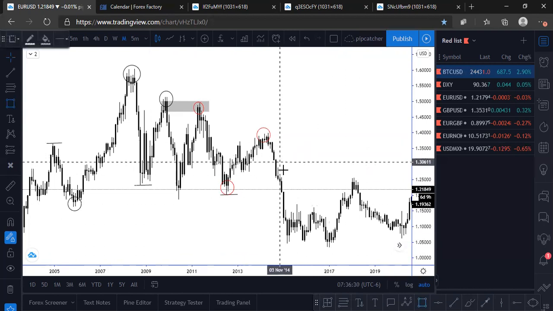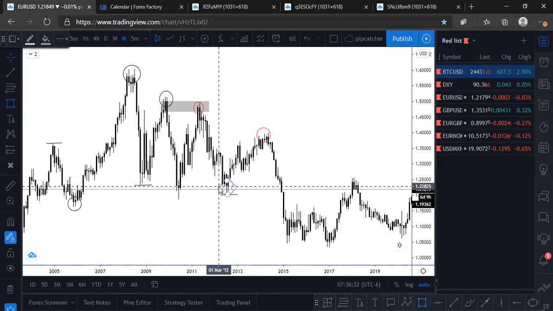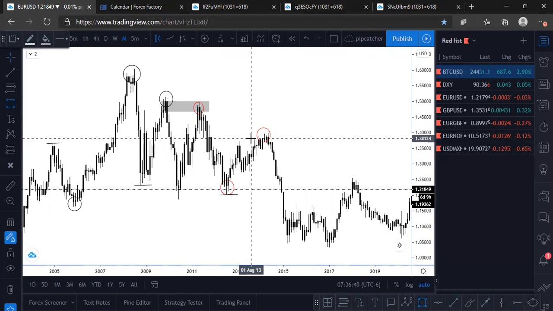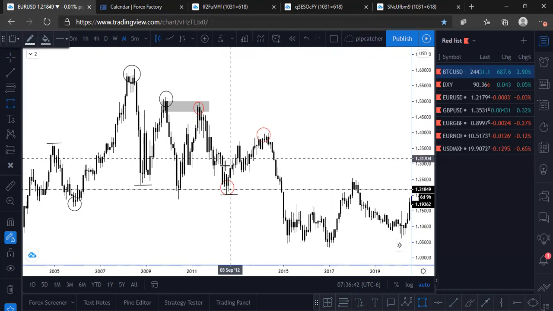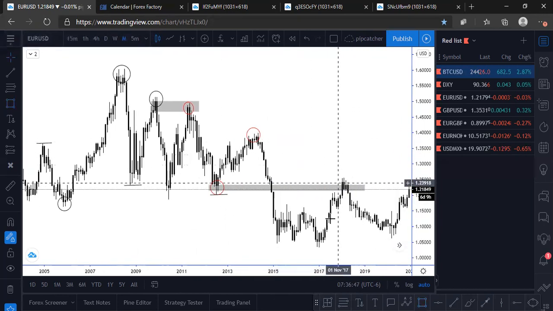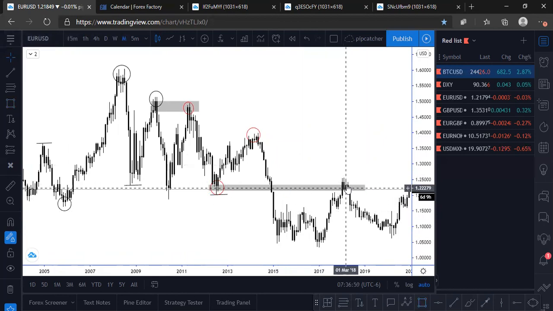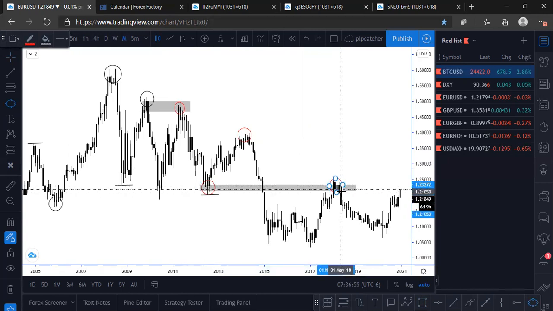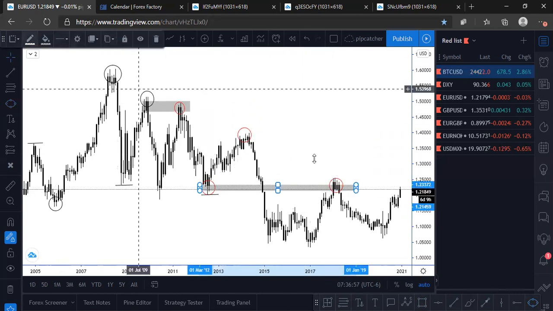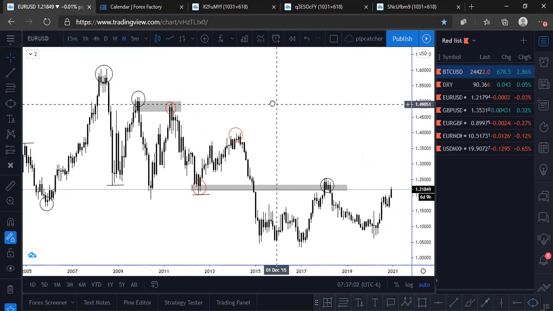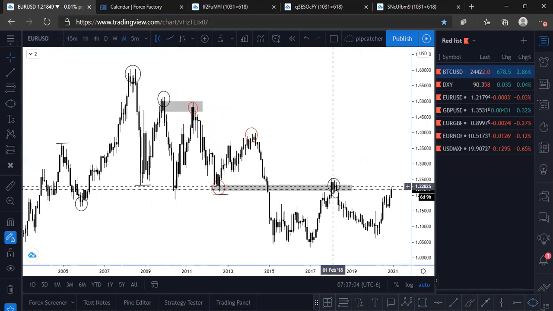But look at what happens in this area. When we break this structure here, I want to use that to my advantage to possibly give me a bias on direction. So if I was to map this area out for the future, you see price come back up into that area right in here, giving us another swing point.